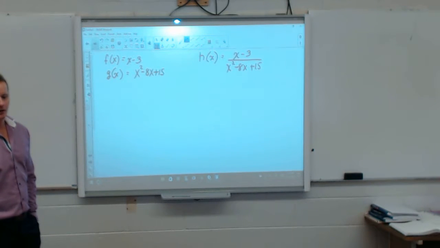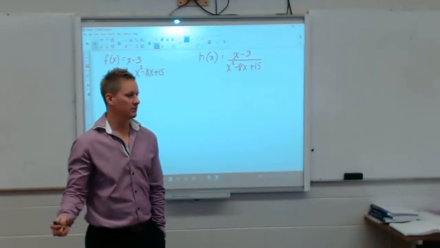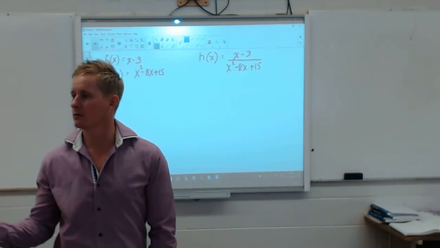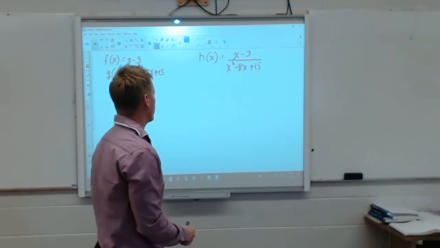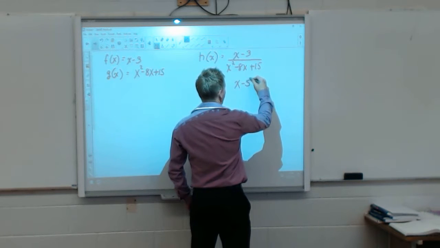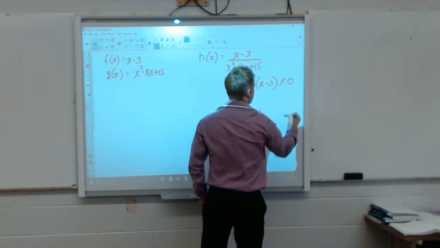Okay? What's the first thing we do with any rational function? To find what though? Let's do the non-permissibles first. So, x minus 5, x minus 3 can't equal 0, right?